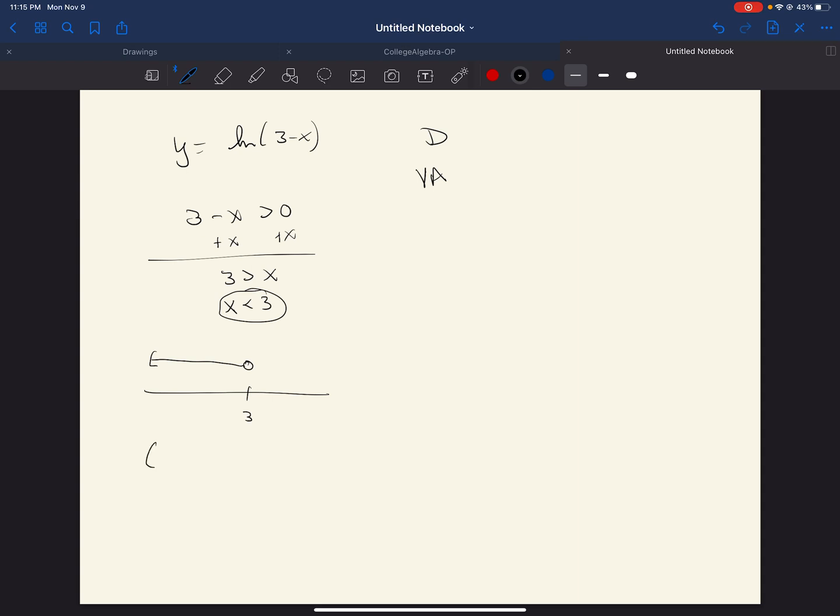So that means I need to be at negative infinity up to 3, but don't include 3. Since that's the case, it must be true that x equals 3 is my vertical asymptote.